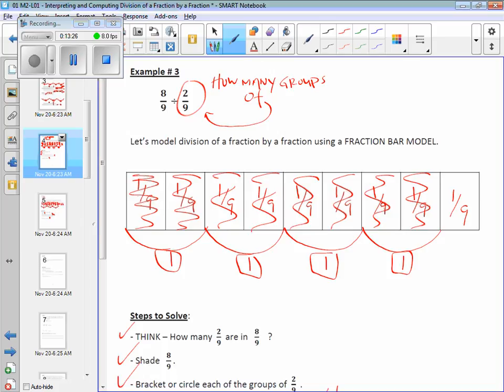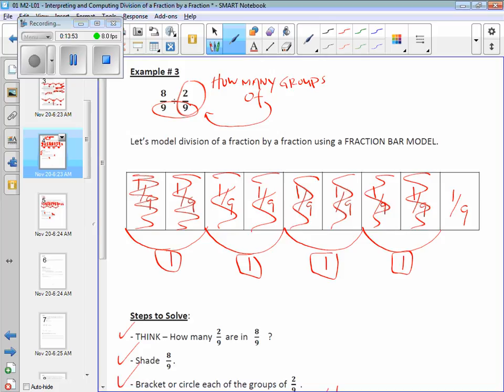If the denominators are the same, all we really need to do is divide the numerators. A little shortcut. Do you notice that pattern? If the denominators are the same, and they were here, they're both something over 9, if you just take the numerators and divide 8 divided by 2 and forget about the denominators altogether, you get the answer. 8/9 divided by 2/9 is 4.